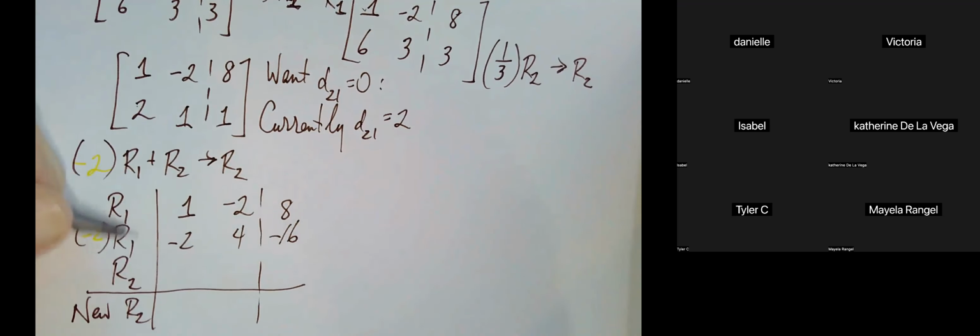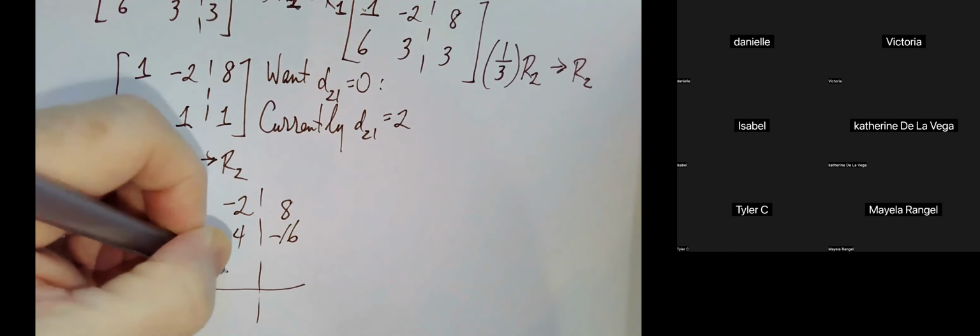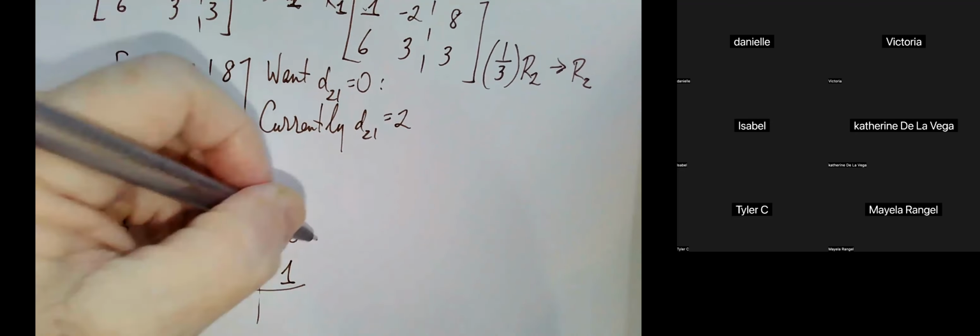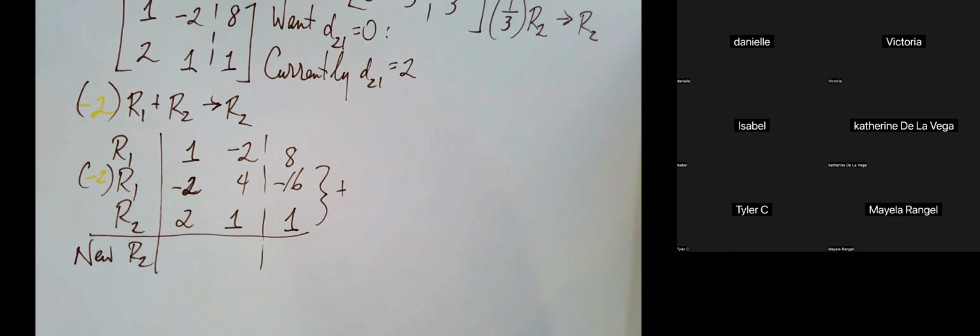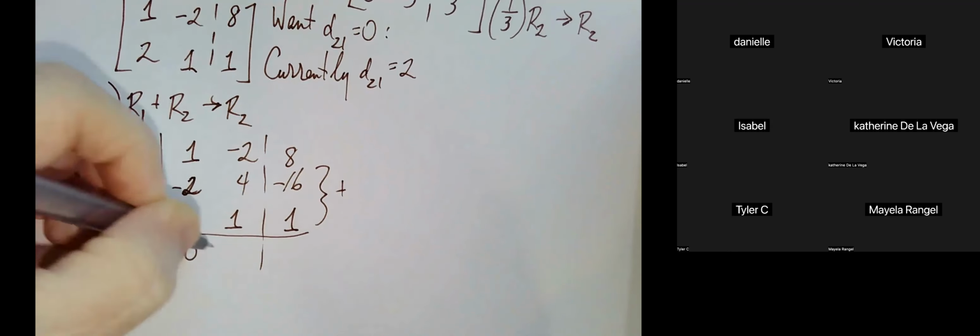Excellent. And let's see, row 2 is 2, 1, 1. And when we add the second and third rows, 0, 5, -15.